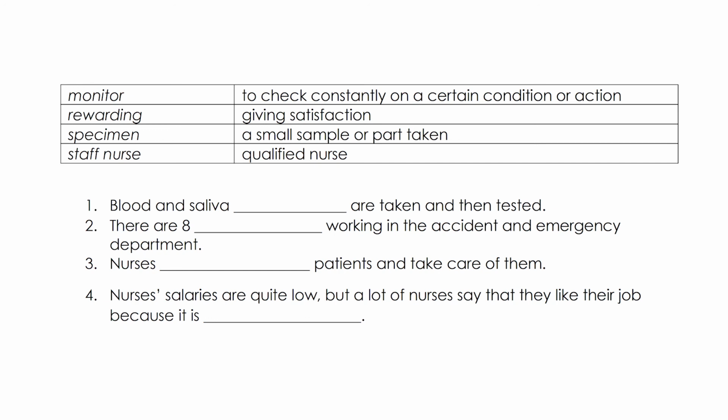For example, blood and saliva specimens are taken and then tested. The last word is staff nurse. Staff nurse means qualified nurse. There are 8 staff nurses working in the accident and emergency department.